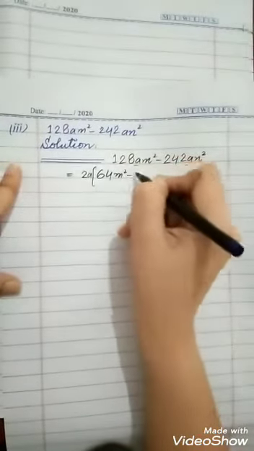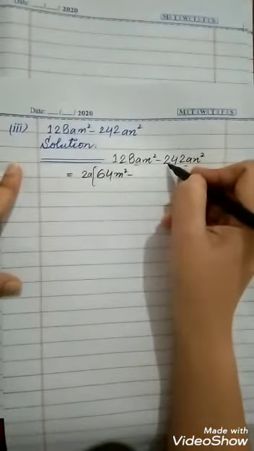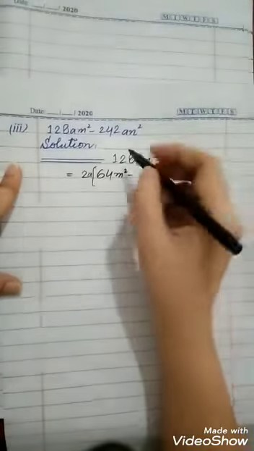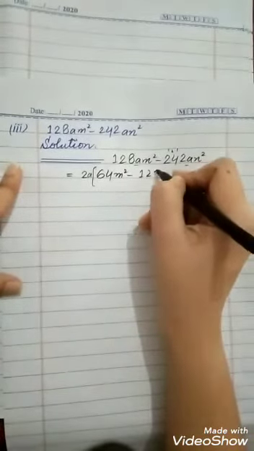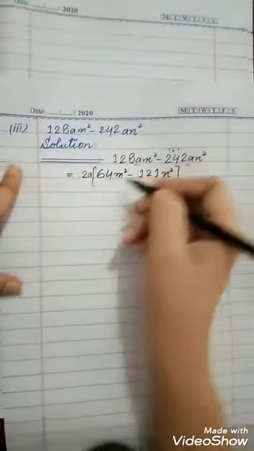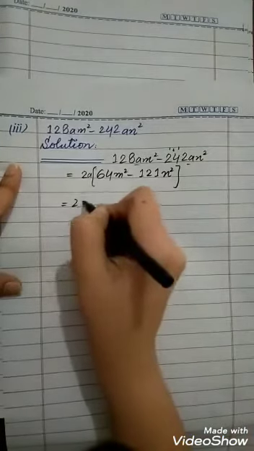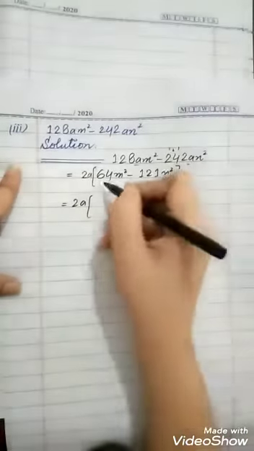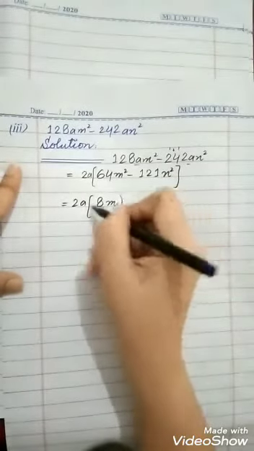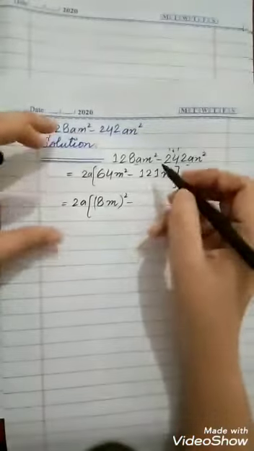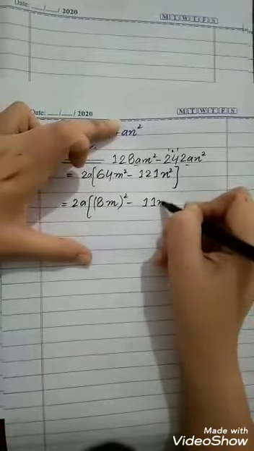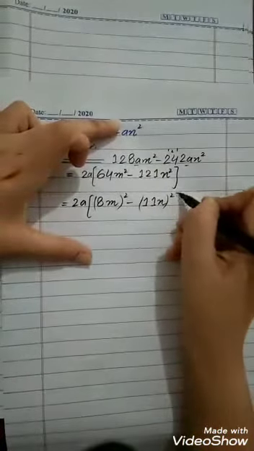m square minus, we will divide 242 by 2. So we got 121, means 121 n square, because a square has gone out. We have taken it common. So 2a, 64 is square of 8 and m square is square of m. 121 is square of 11 and n square is square of n. So we have made squares here.